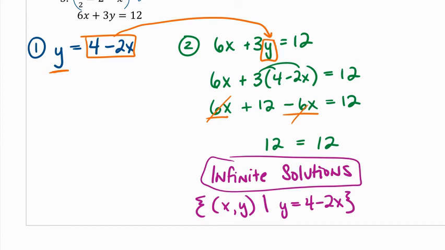Once you get that, remember to go back and plug it in here.